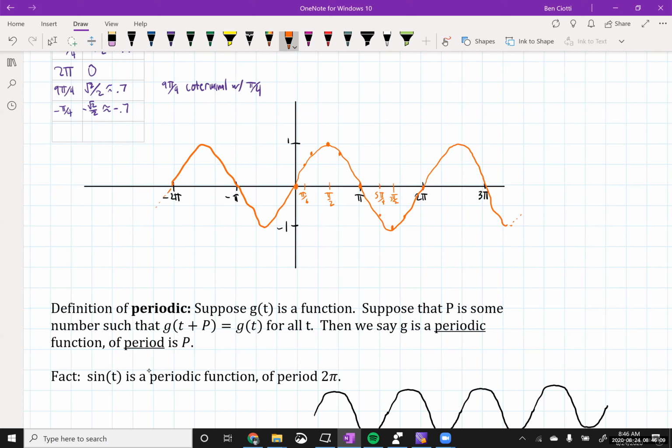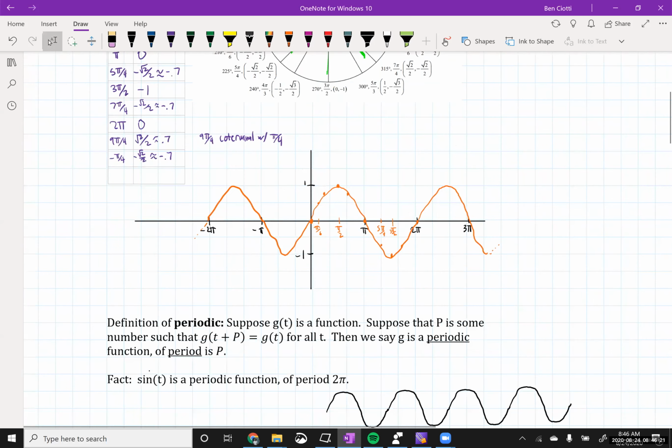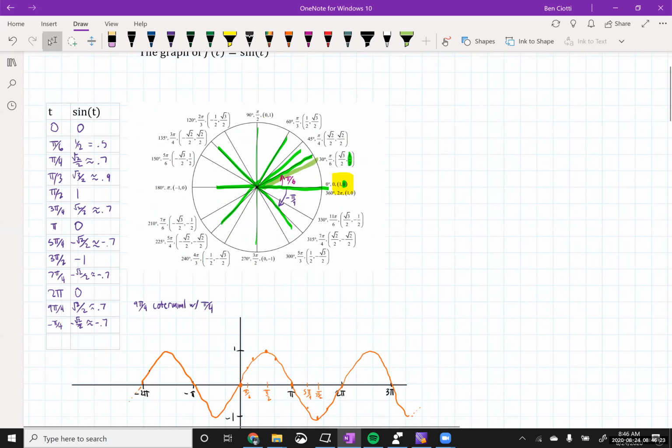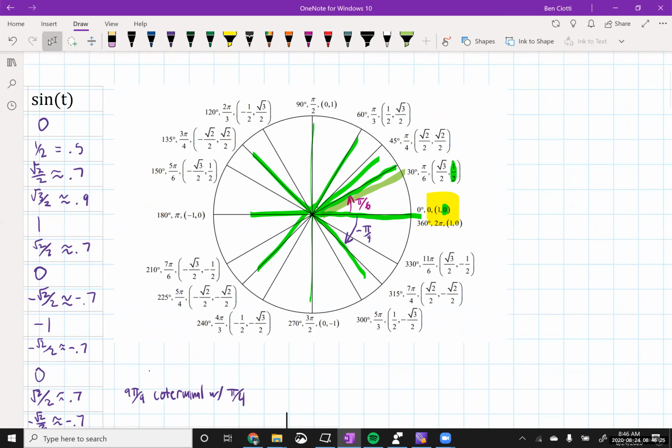Cool. Juliet, I had a question why sine was restricted on the y-axis to 1 and -1. Why is it only there? Yeah, so if you look at the unit circle, remember sine is the y value of any point on the unit circle.